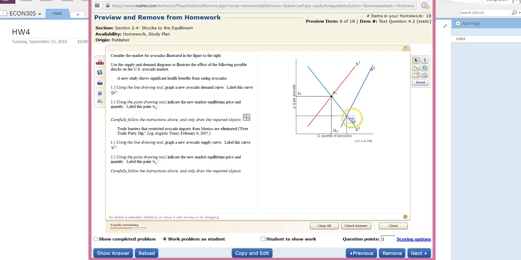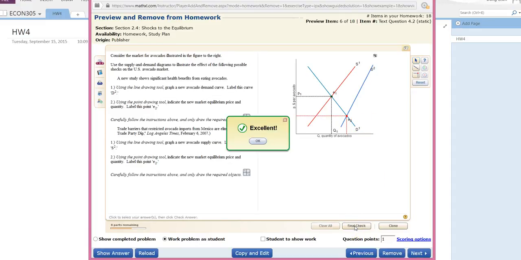You can see this is not precise; I just move my cursor around the intersection, and that's another strength of Econ Lab, which doesn't require very precise pointing. So let me check my answer here. That's the new equilibrium. The supply shock decreases the price as expected and increases the quantity, also as expected.